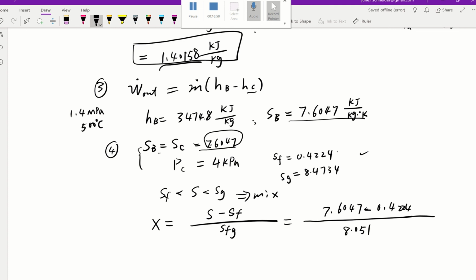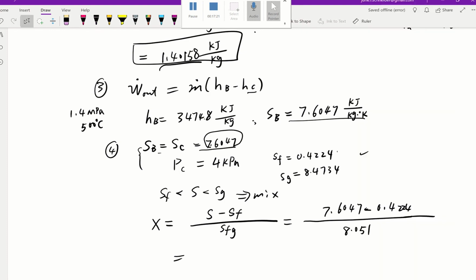Here we are going to use our calculator to figure out our quality. 7.6047 minus 0.4224, then divide by 8.051, and we have a value for quality.